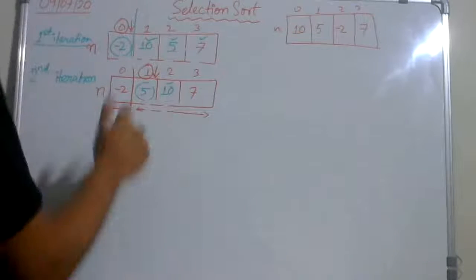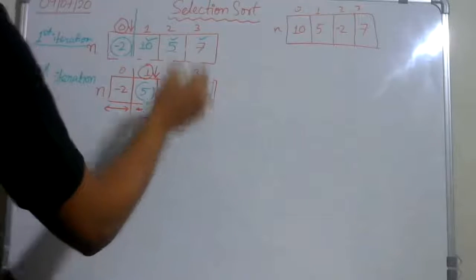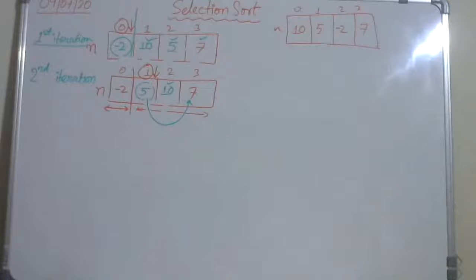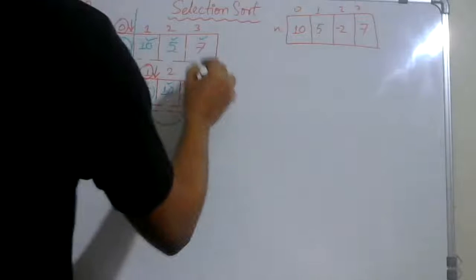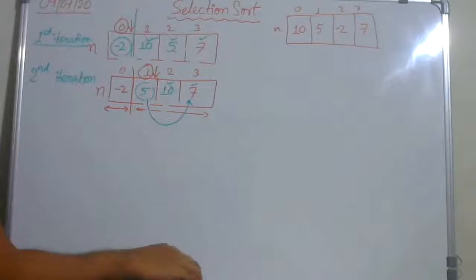Now we are going to compare 5 with 7. We see that 5 is less than 7, so there is no interchange that happens in this step. So we have finished comparing with this and our second iteration comes to an end.